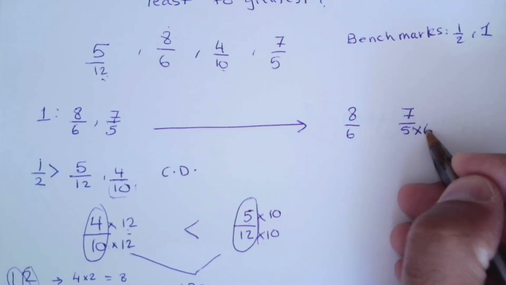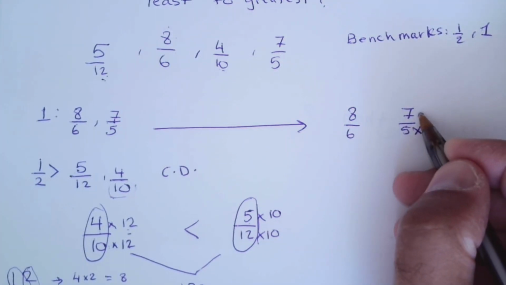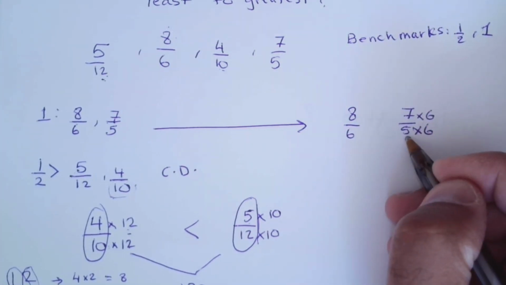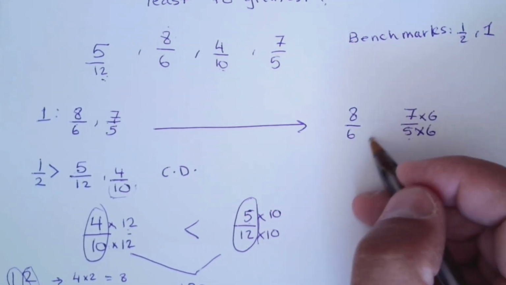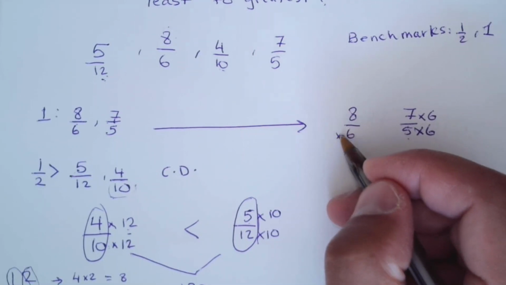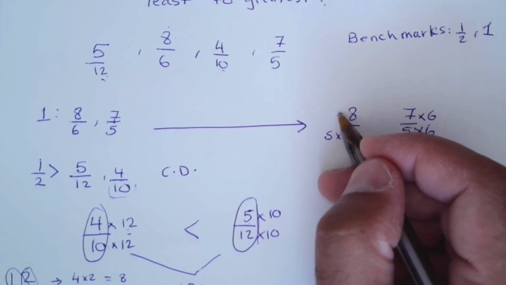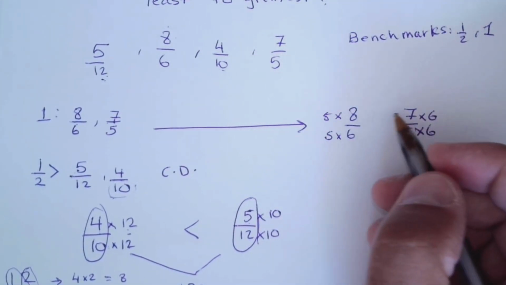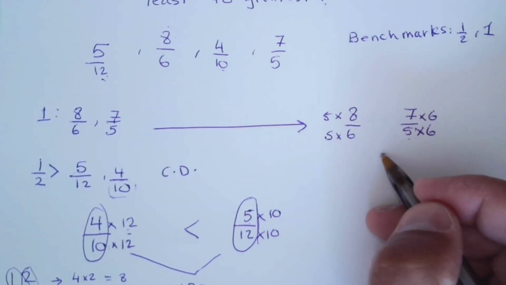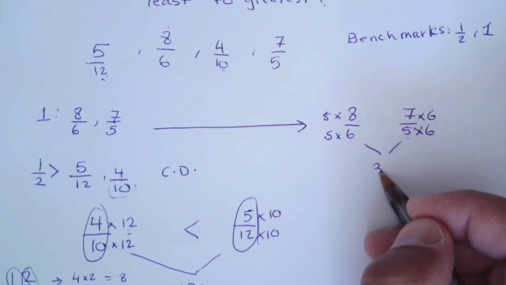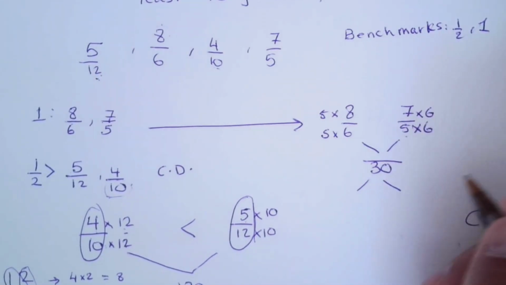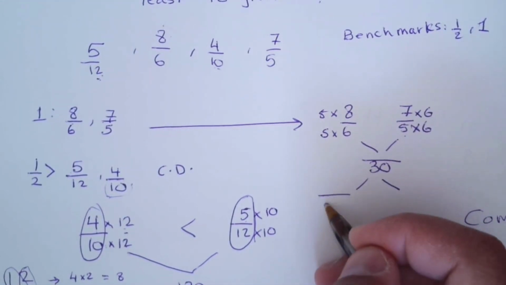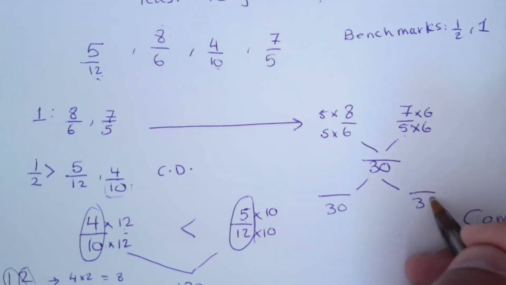So we're going to multiply the 5th and the 7 by 6 and 6. And the 6th, we're going to multiply it by 5 and by 5. So we would have 30 as our common denominator. Okay? So we have 30 and 30.